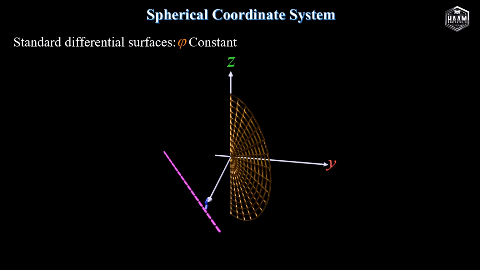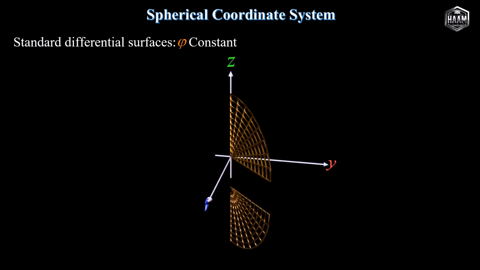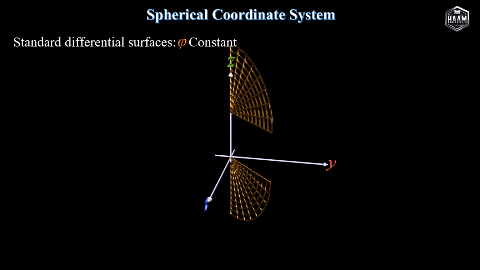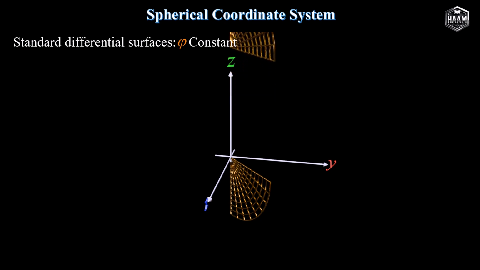For example, if we take theta from 0 to half pi and make a cut, keeping the upper half, then for this half disk, theta ranges from 0 to half pi, and the surface is still a constant phi surface. Or if we chose the lower half of this cut, the surface is constant phi with theta between half pi and pi.